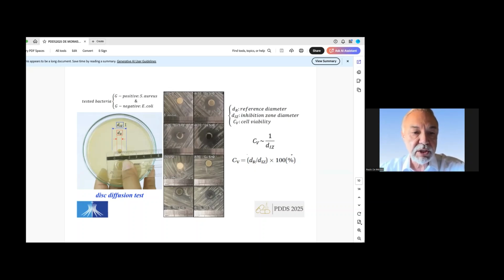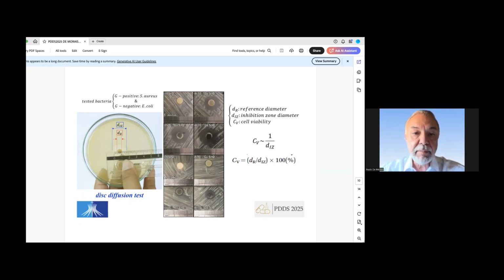Inhibition zone diameter is DIZ, and the reference diameter is DR. Actually, the reference diameter is the diameter of the spot, which is a paper immersed in the tin oxide nanoparticles. So tin oxide nanoparticles are deposited in the paper in the center. And here in the middle, you can see the standard diffusion test.